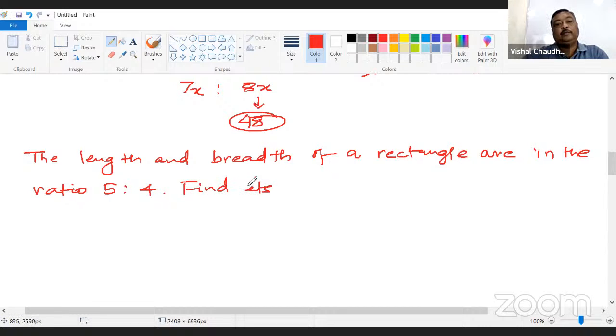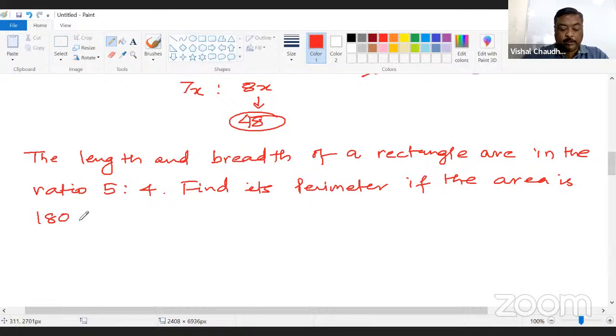Now find its perimeter if the area is 180 centimeters square. This is your question.